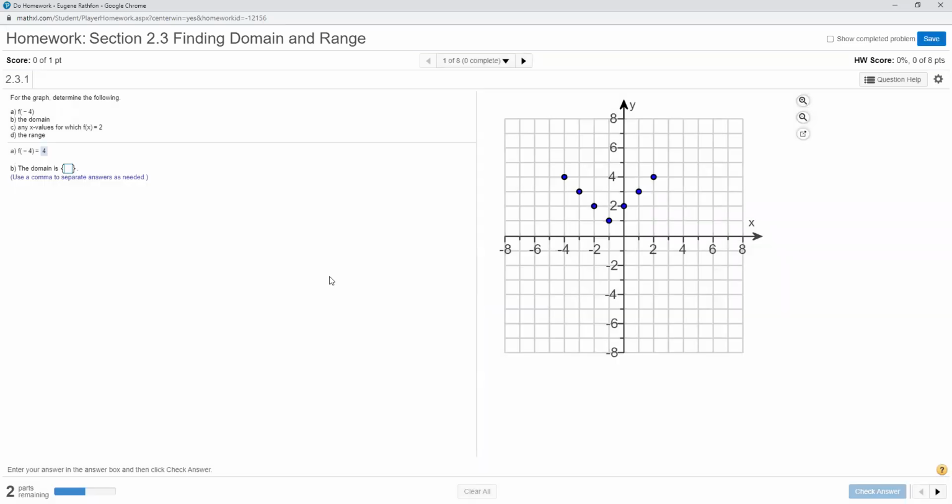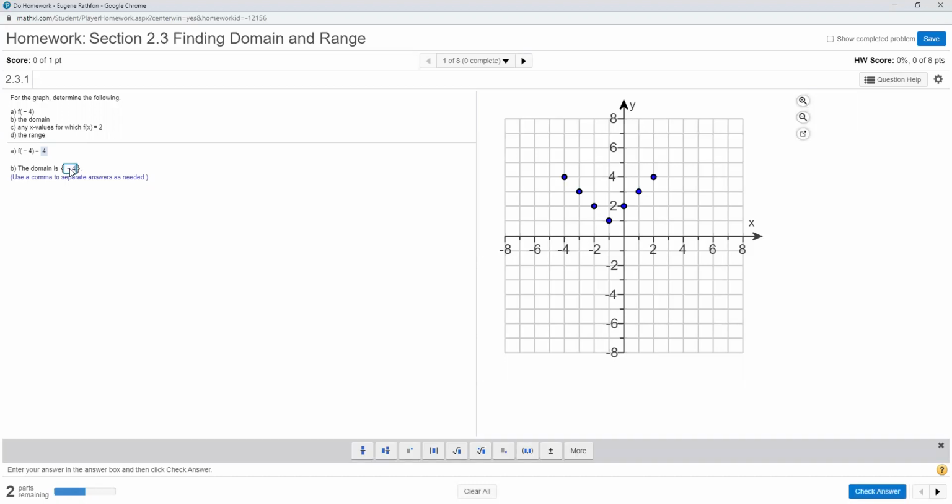Now, the domain. Notice it says use a comma to separate answers as needed. Now they give me the fancy parentheses. All I got to do is put my numbers and separate them by comma. Remember, the domain is the x value. So the first point's x value would be -4. So you'd put -4, comma. Let me get into the box. So -4, comma.